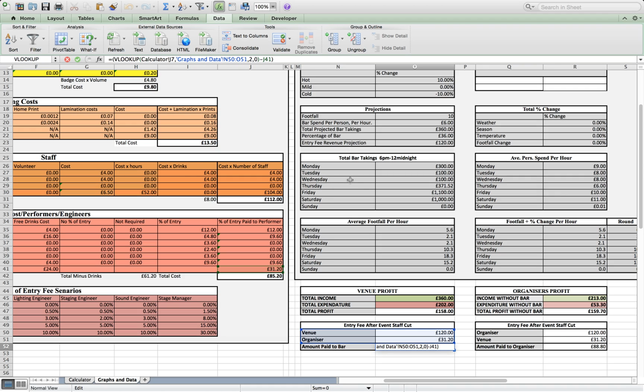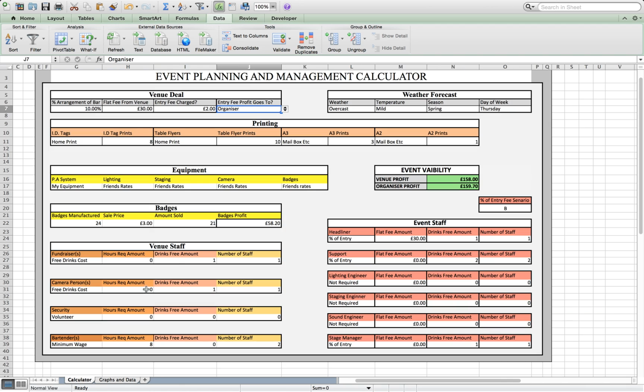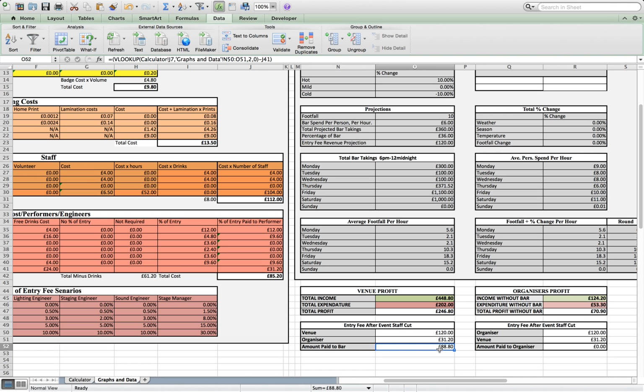Okay, so that's absolutely fine. But if it's not on them, so it's now on venue, they have to pay it back again. Very difficult to explain that, it really is. You just have to have a little play around and look at it.